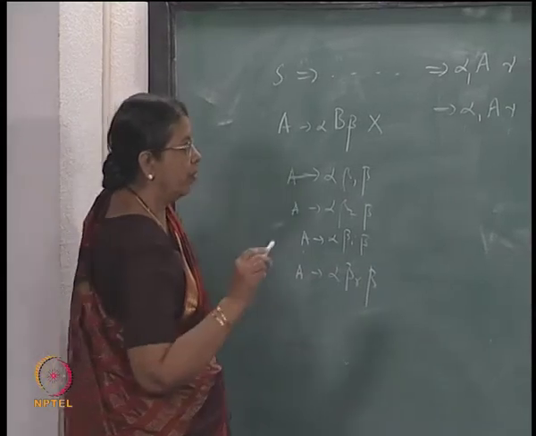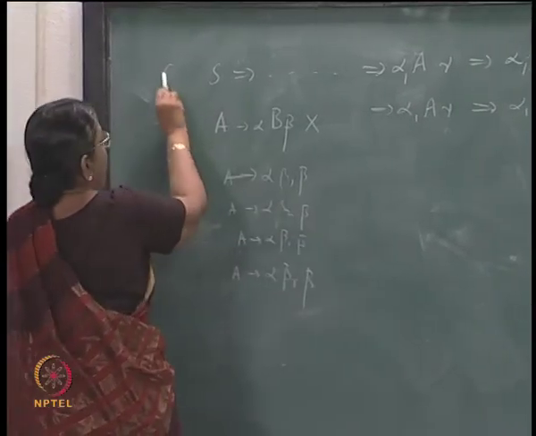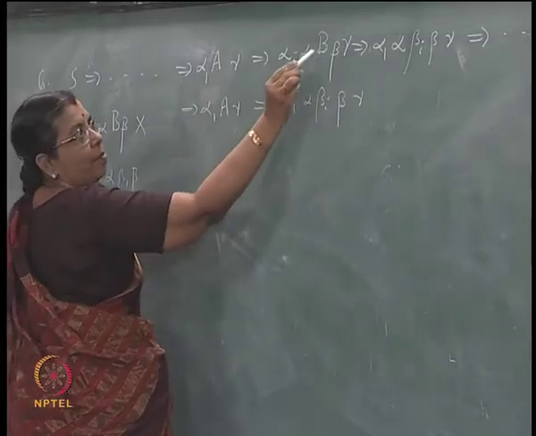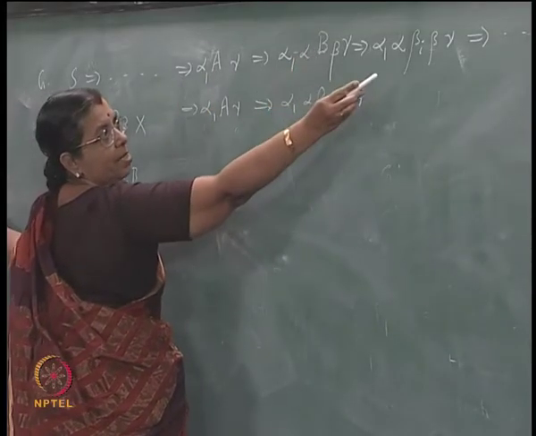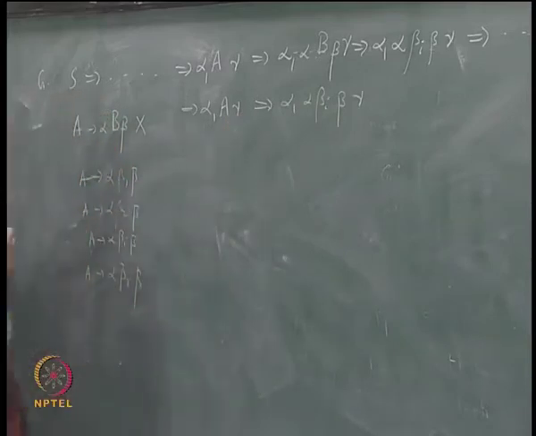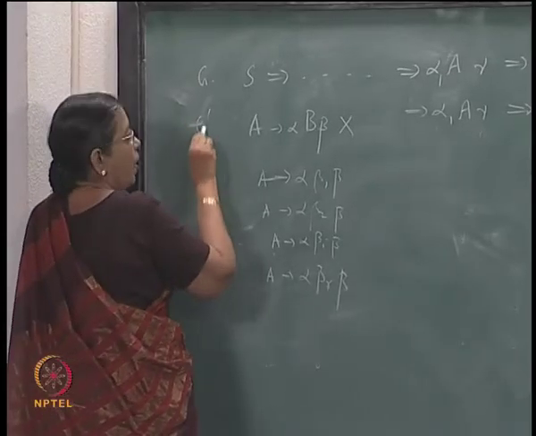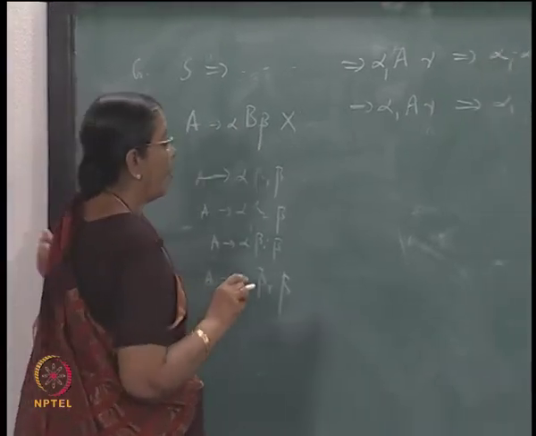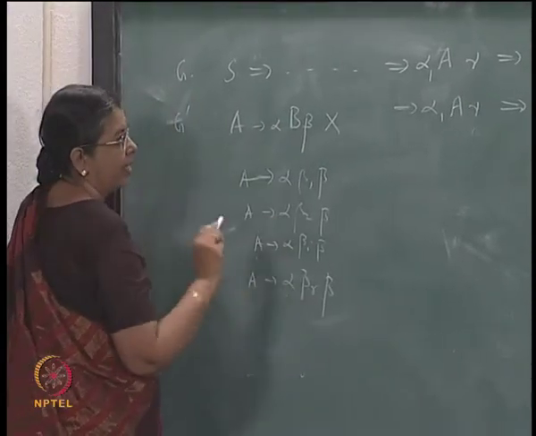In the original grammar G, you may have a derivation in which A is replaced by alpha B beta first and then B is replaced by beta i. But in the new grammar G dash you do not have this production A goes to alpha B beta. But instead you have added these productions.